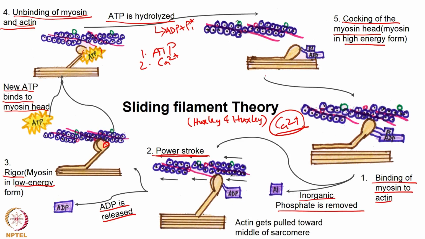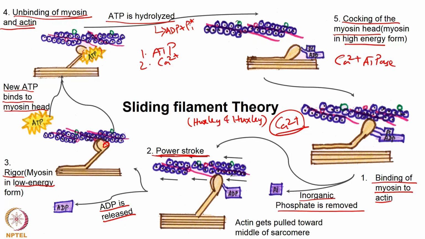But then once there is no more action potential in the motor neuron, or no more action potential in the muscle, all the calcium is taken back and stored into the sarcoplasmic reticulum through an active process called calcium ATPase.